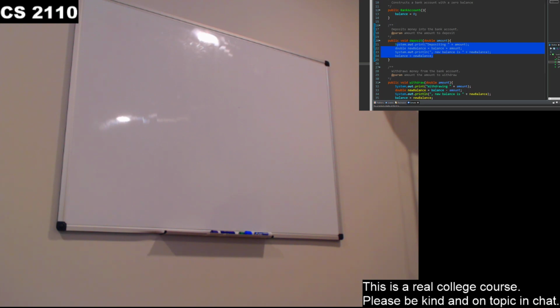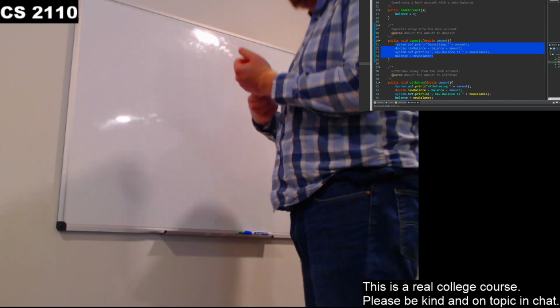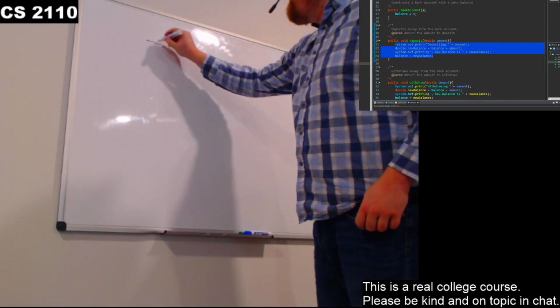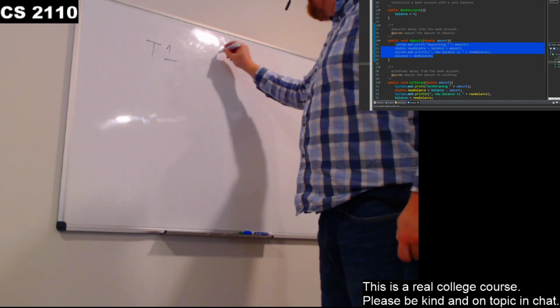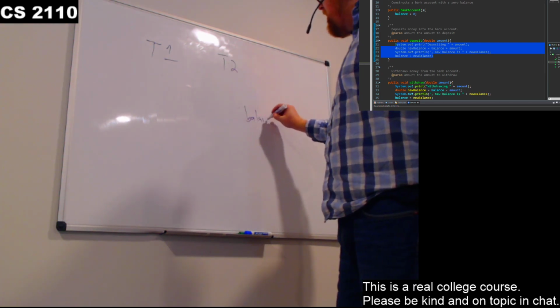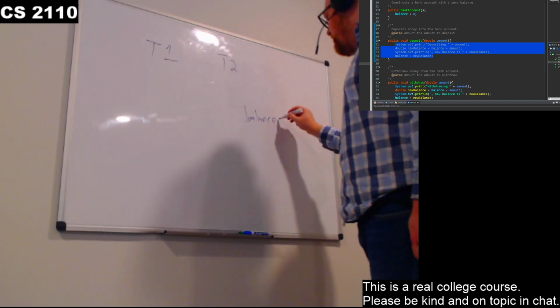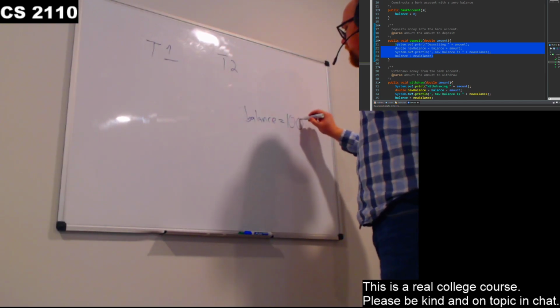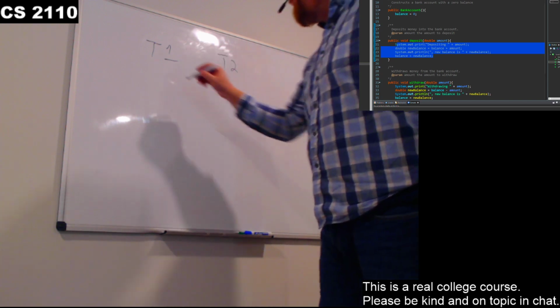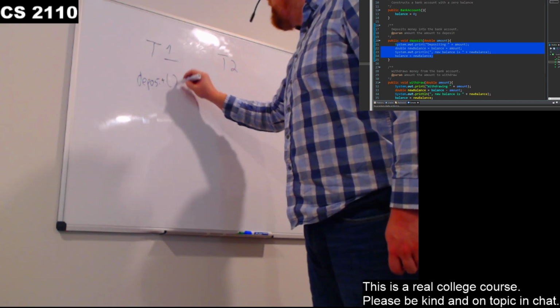A problem that we ran into was that you would have two threads, thread 1 and thread 2, both accessing this balance at the same time. And it's actually worse than that because we could have this with more than one thread. So let's say balance is 1000 and these two threads were both calling deposit. So they both call deposit.